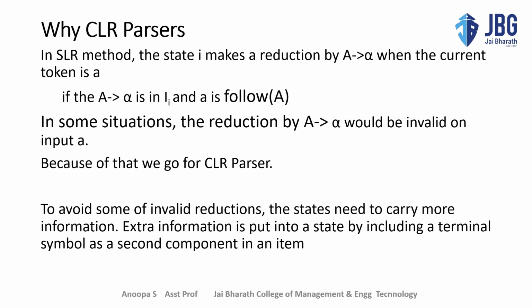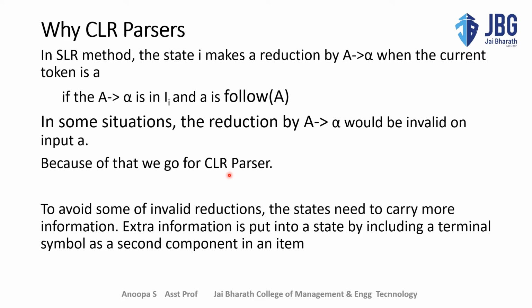So there will be situations where the reduction A giving alpha would be invalid on input a, where a is a terminal in follow of A. In some situations, the reduction by A giving alpha would be invalid on a particular terminal symbol a. Because of that, we are going for the CLR parser.